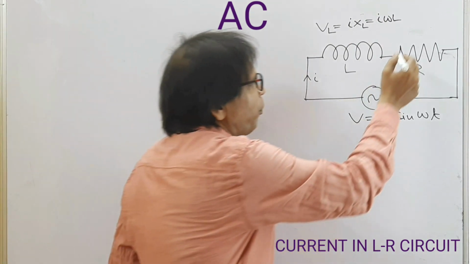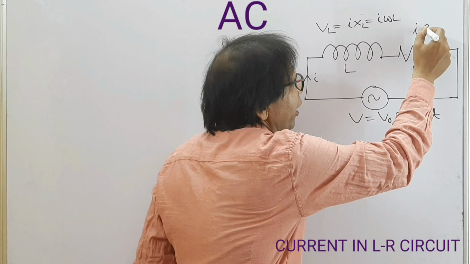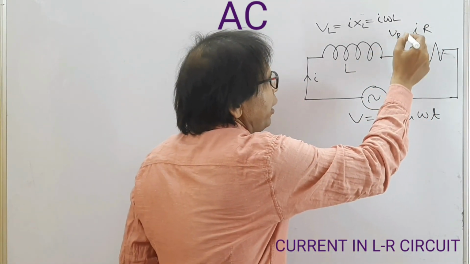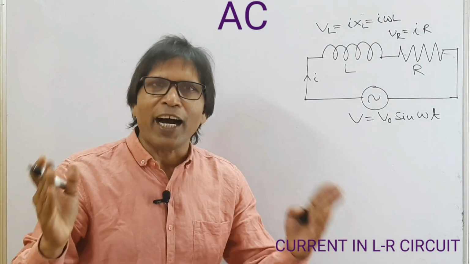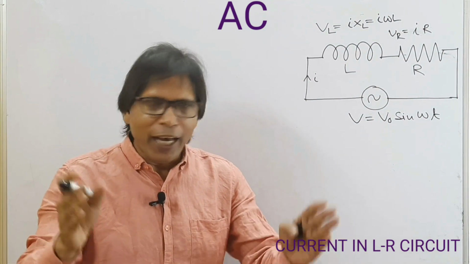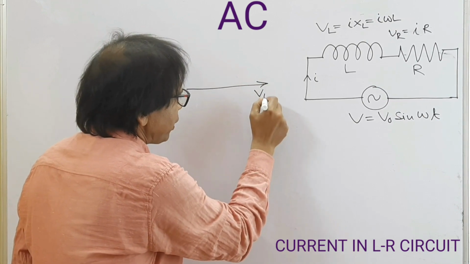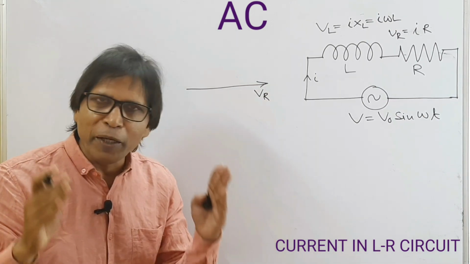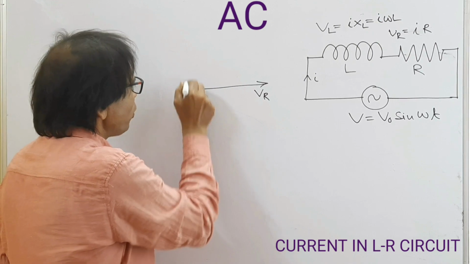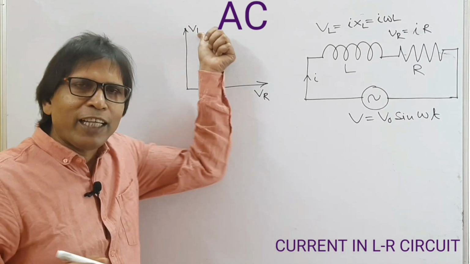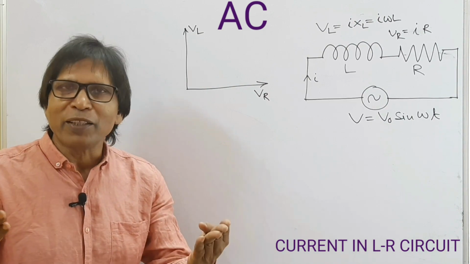And the voltage drop across the resistor is I into R, so this voltage VR is in phase with the current. If VR is represented along the positive x-axis, VL should be represented along the positive y-axis because VL leads VR by pi by 2.